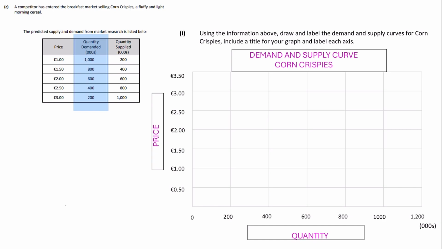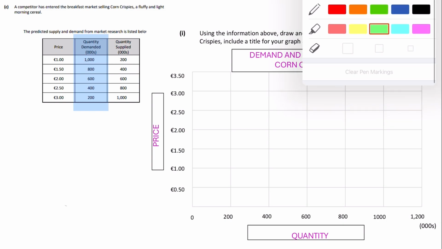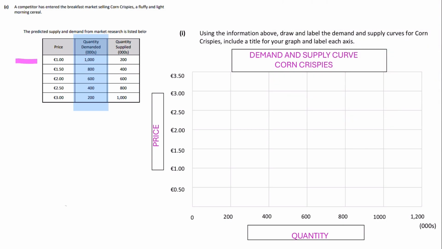So when it is €1, the quantity demanded is 1,000. When it's €1.50, the quantity demanded is 800. I'm reading that off this table here.